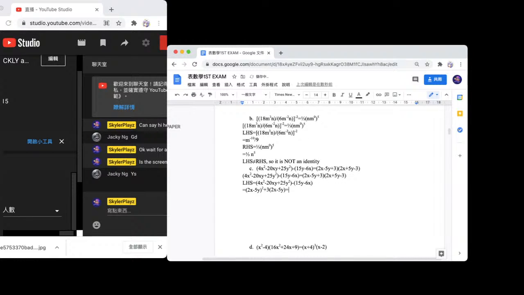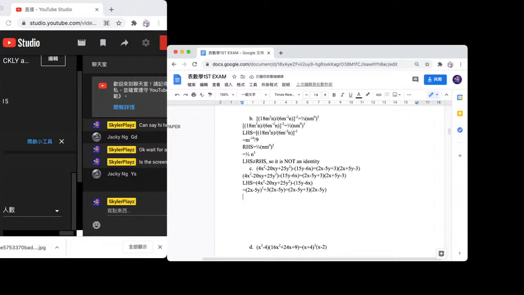As we simplify this, we can take the common factor 2x minus 5y and get the final result. 2x minus 5y plus 3 times 2x minus 5y here.